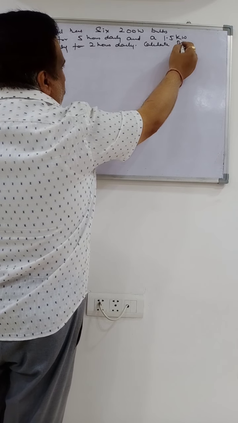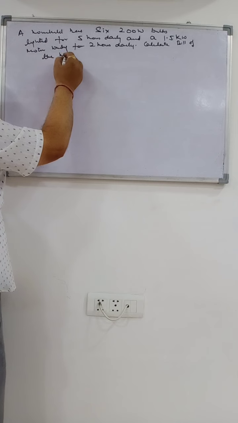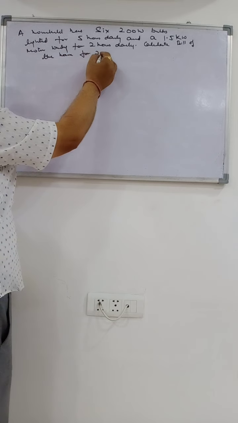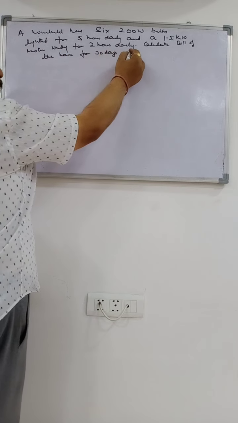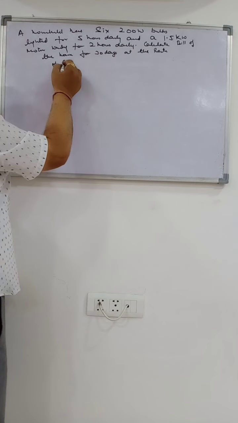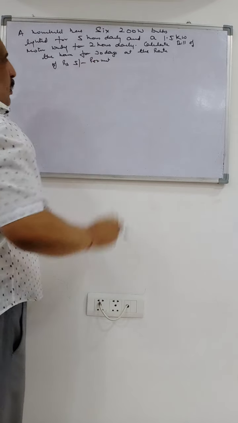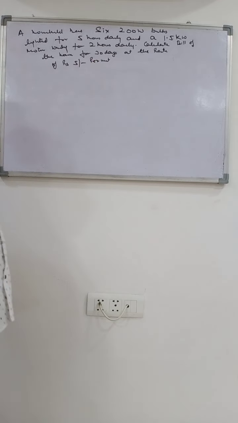Calculate the bill of the house for 30 days at the rate of ₹5 per unit. How many types of appliances are there?